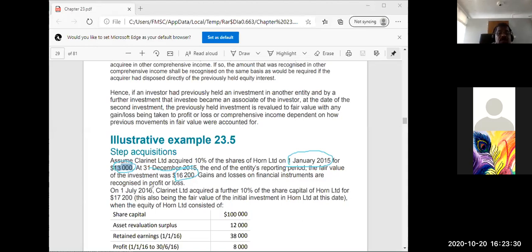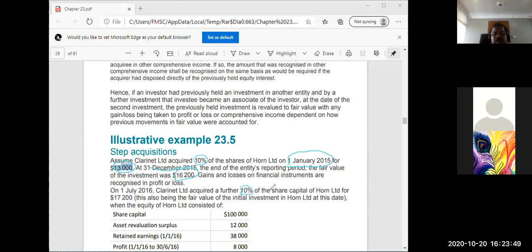On 1st July 2016, that is 1 year later of this investment, C Limited acquired a further 10%. This 10% plus this 10%.